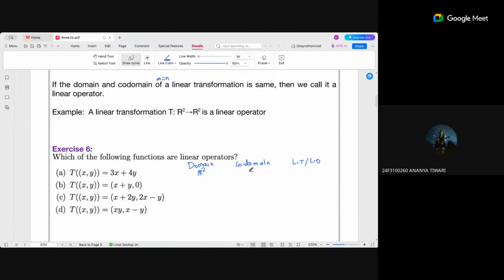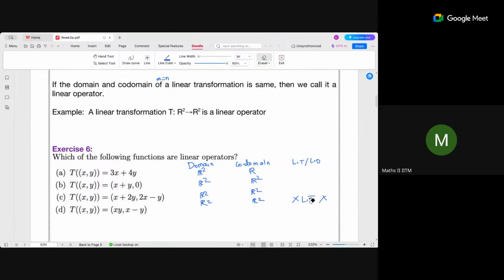Be careful. R. So in all the cases, it's R2 only. Domain is R2. What is the codomain in this case? R2. What about this one? It's not even linear. Yes, the codomain is R2, but this is not a linear transformation.